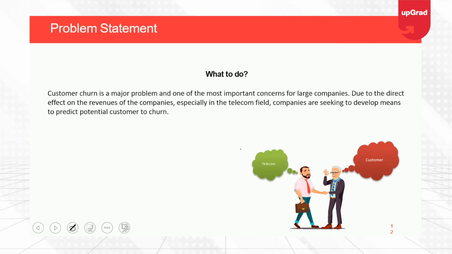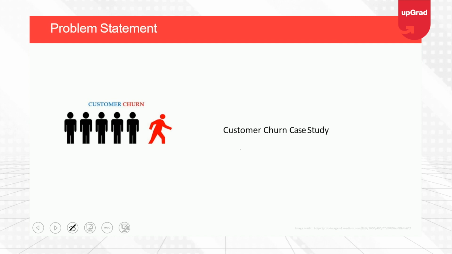Let us try to understand the implementation of the EDA that will help us understand the customer's churning behavior based on the various features or variables. So let us try to understand this customer churn case study.